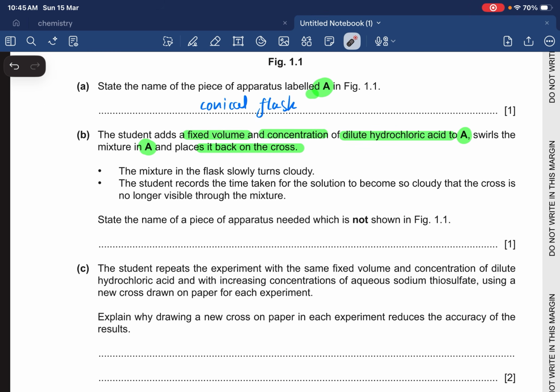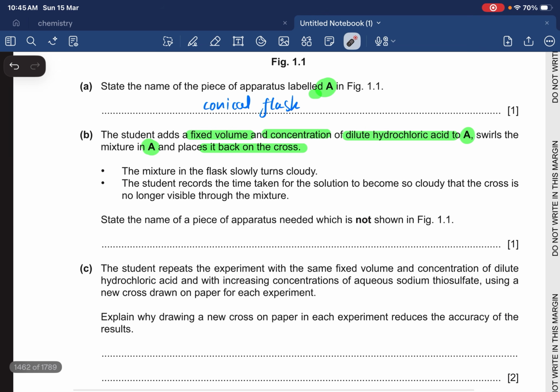The mixture in the flask slowly turns cloudy. The student records the time taken for the solution to become so cloudy that the cross is no longer visible through the mixture. State the name of the piece of apparatus needed which is not shown in figure 1.1. The student adds a fixed volume of dilute hydrochloric acid.